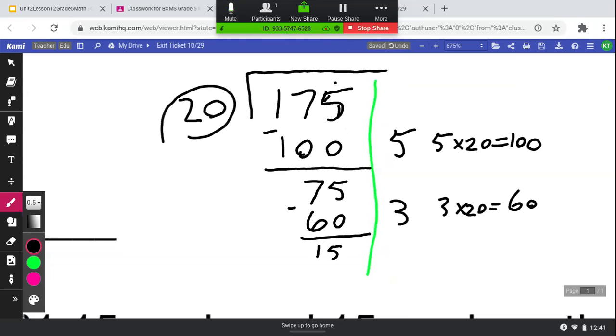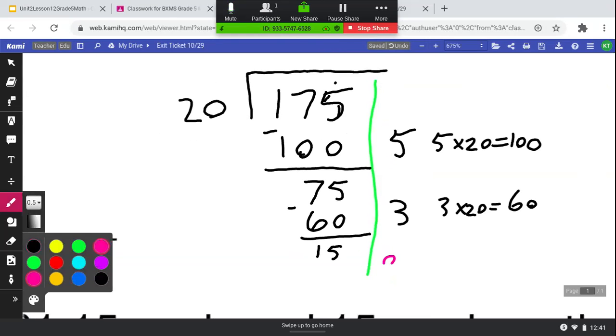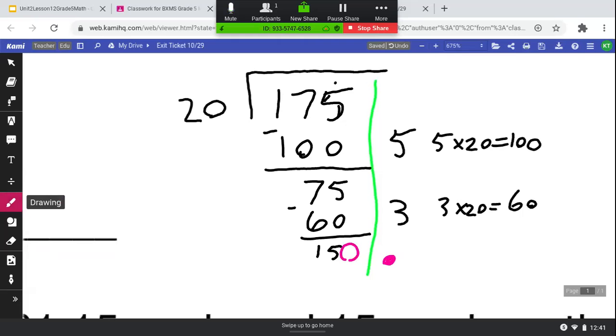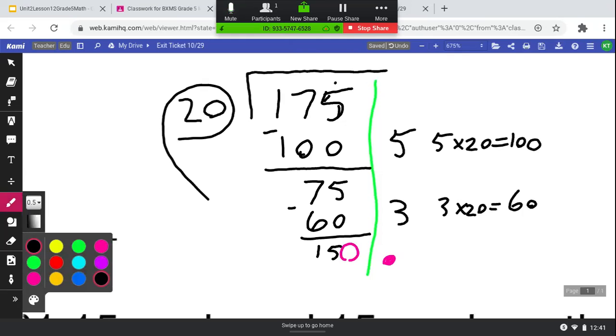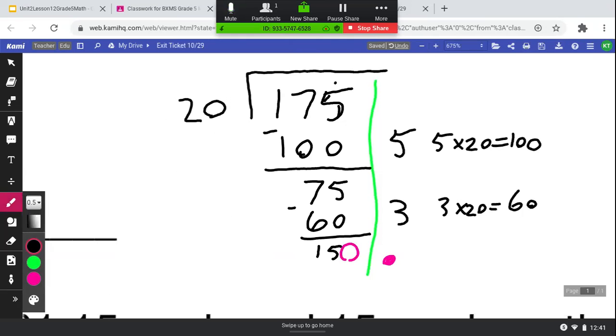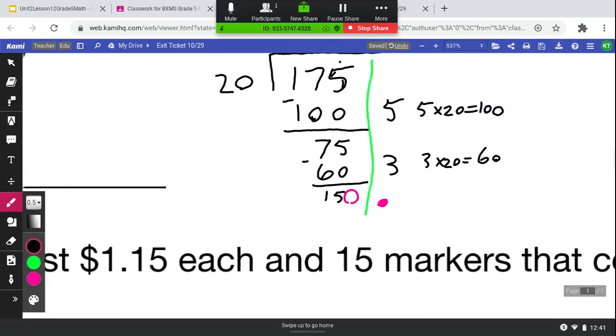Well, 20 is bigger than 15, so this is where a decimal comes in. I'm going to put a decimal right here and put a 0 right there. So now I'm asking myself, how many times does 20 go into 150? What would happen if I do 7? 7 times 20 equals 140.